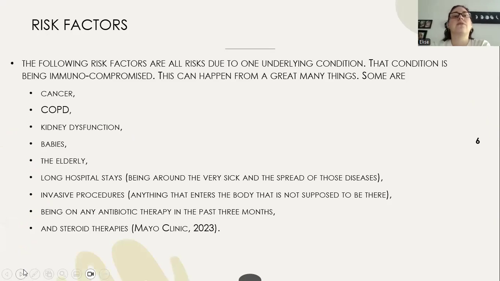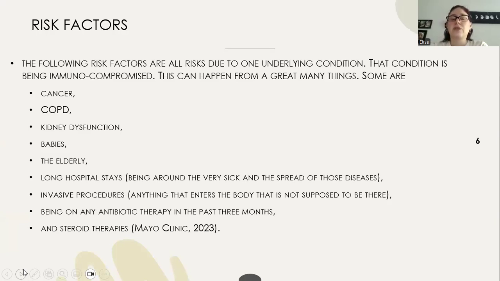Risk factors. The following risk factors are all risks due to one underlying condition. That condition is being immunocompromised. This can happen from a great many things. Some are cancer, COPD, kidney dysfunction, the infants, babies, the elderly, long hospital stays, being around the very sick, and the spread of those diseases.